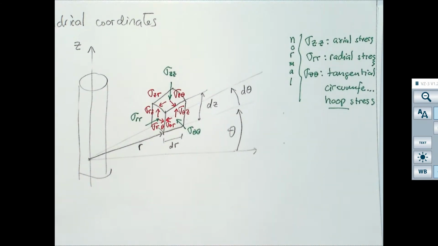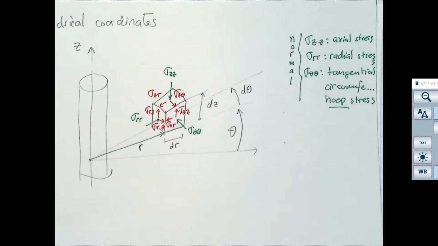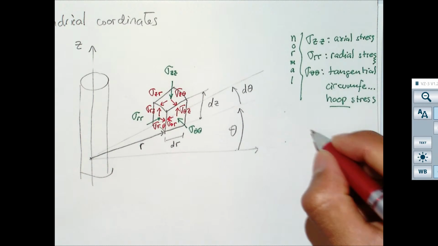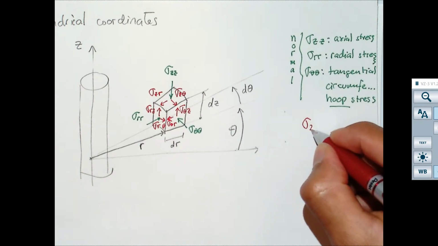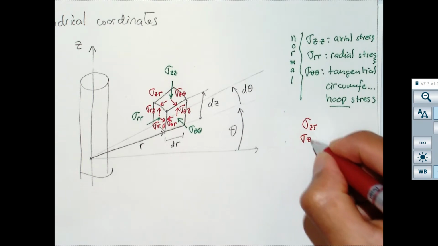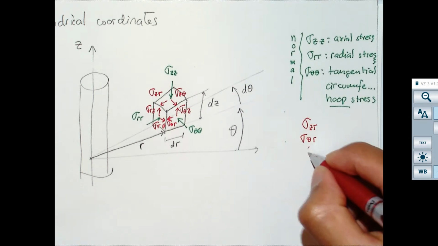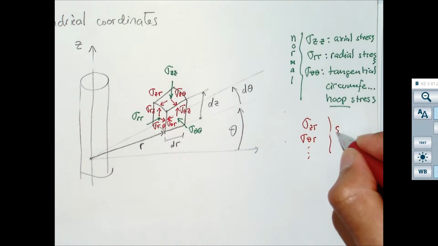It's the same thing as we have seen before, okay? Remember, there are normal stresses and there are shear stresses. So all of these, sigma zr, sigma theta r, and so on, are shear.